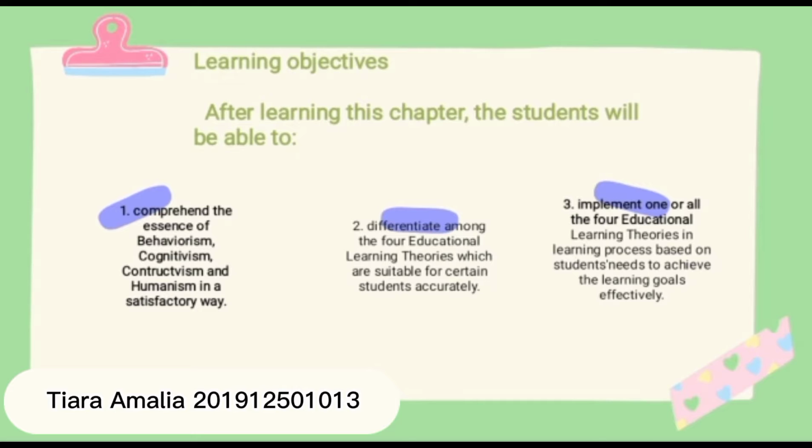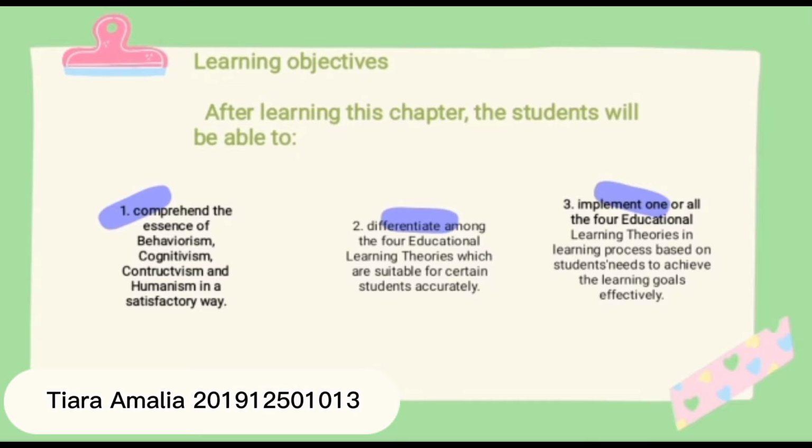Second, differentiate among the four educational learning theories which are suitable for certain students accurately. And then implement one or all the four educational learning theories in the learning process based on students' needs to achieve the learning goals effectively.